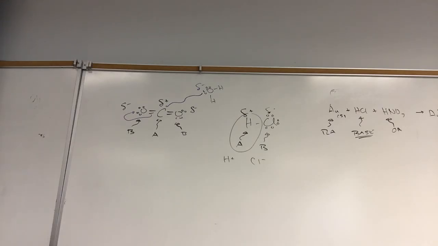That's all. LCAO is not just for Lewis acids and bases. LCAO is for everything, all molecules. All molecules have molecular orbitals, and one way to understand molecular orbitals is to look at how the atomic orbitals combine.